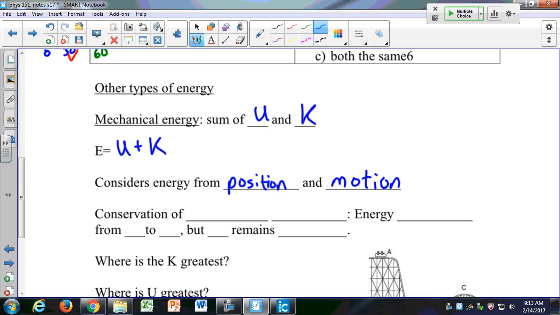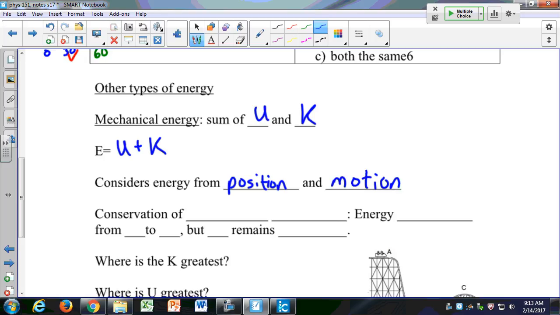Your book describes this mechanical energy. Not all books will actually separate mechanical energy out, but position relates to what? K or U? Which of those energies is related to position? U, right. And motion is K, right.